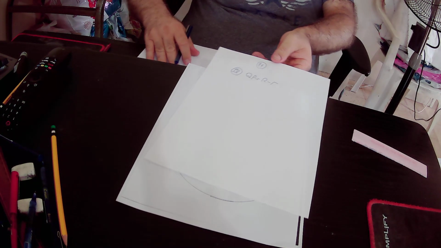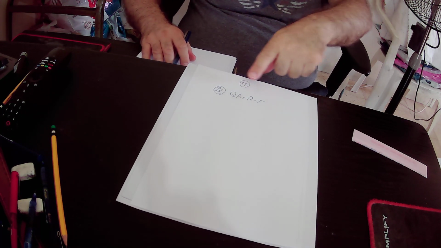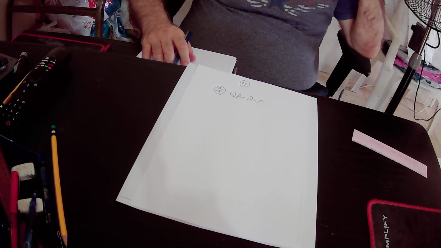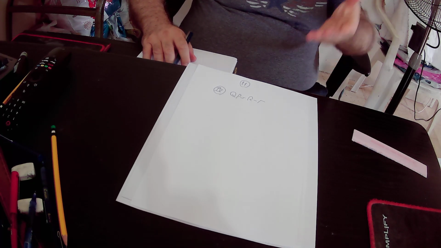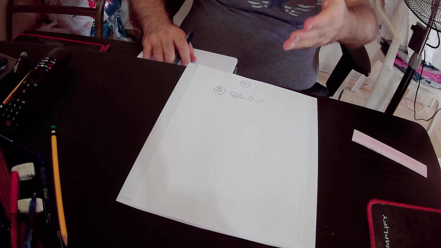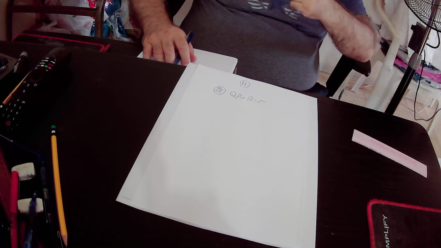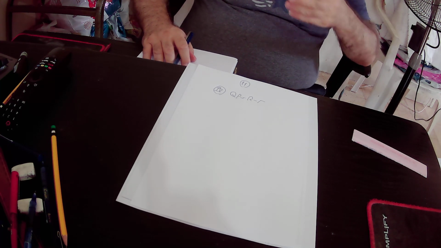Again, the distance between the centers of those two circles is QP, and it equals capital R minus small r. That is the difference between the lengths of the radii of those two circles. Okay, QP equals capital R minus small r.